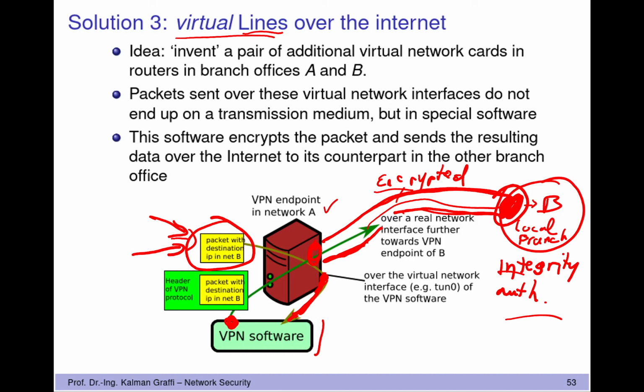It's open for any kind of application. You can access the printer, you can use your regular printer software to use the printer up here. You can use your regular file access tool to access the file server at the local branch B. They are unaware of our host being remote to the local branch B.